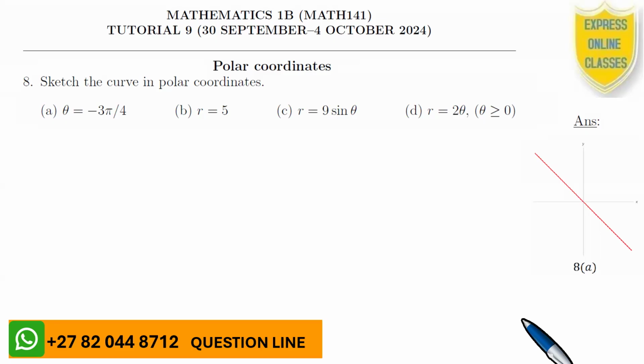Let's reason this out. So to sketch the curve in polar coordinates, we've been given theta equals minus 3 pi over 4. So if theta is minus 3 pi over 4, what do we do?